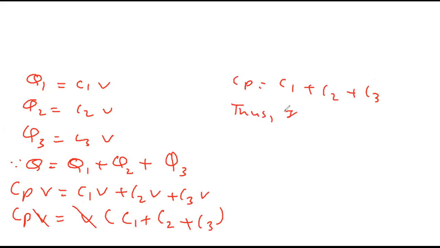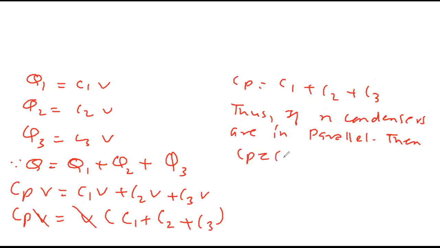Thus, if n condensers are in parallel, then Cp is C1 plus C2 up to Cn. In this case, what will be the resultant?